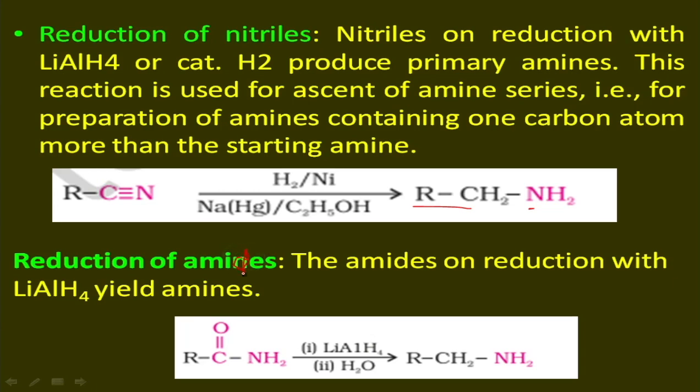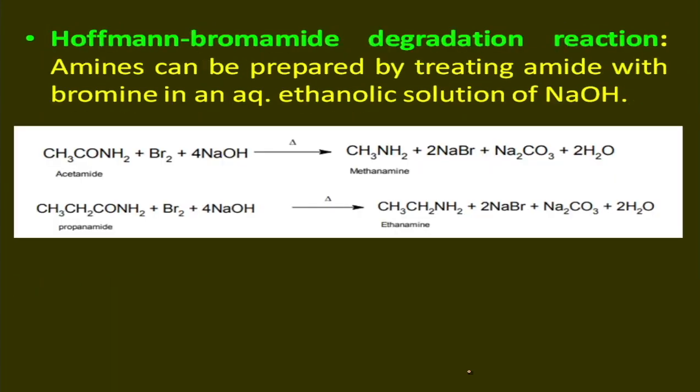Amides, when reduced, give amines. The Hoffmann bromamide degradation reaction is another amine reaction, in which amines can be prepared by treating amide with bromine in an aqueous ethanolic solution of sodium hydroxide.